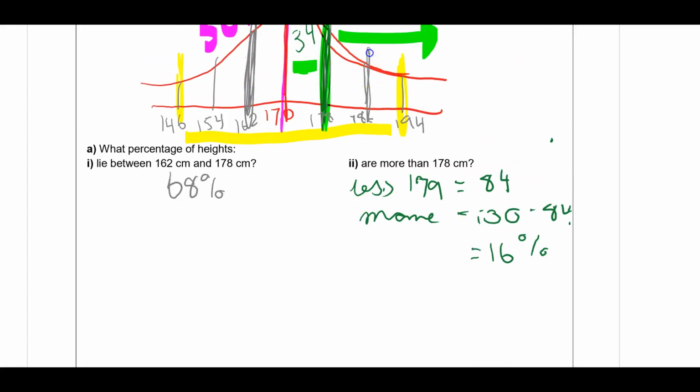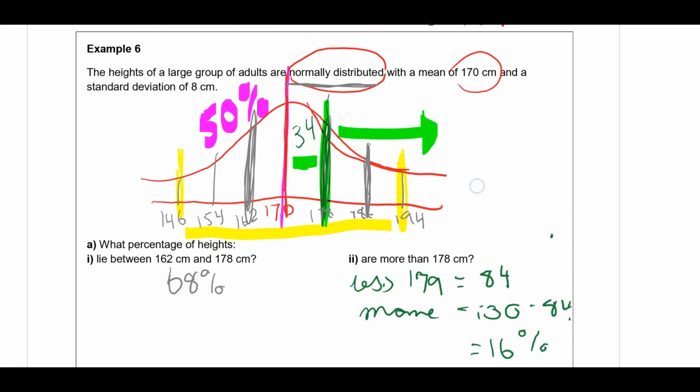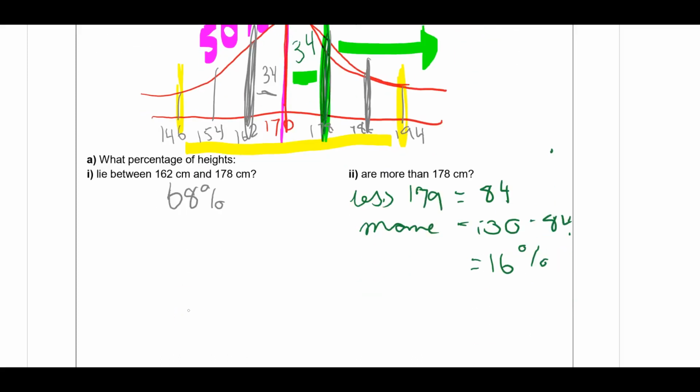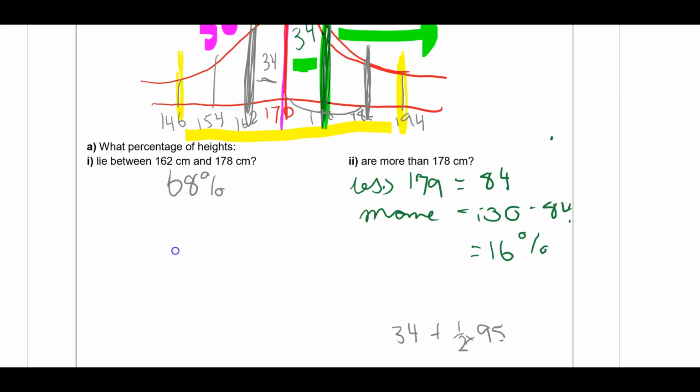The next one lies between 162 and 186. Right, this is how I'm going to work it out. I'm going to say that this is 34. So it's 34. I'm just going to put it here. 34 plus this part. Now that's half of the 2 standard deviation one, 95.